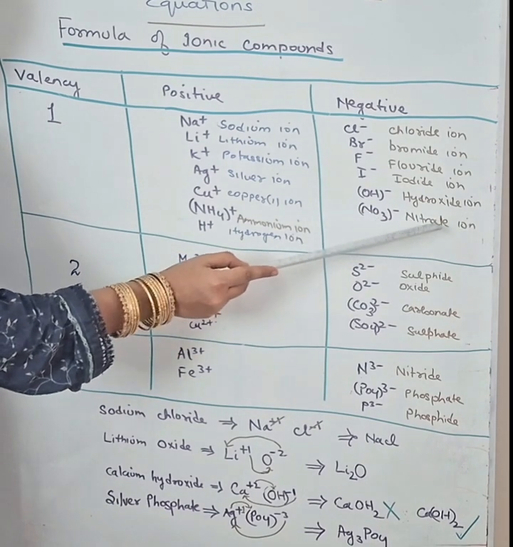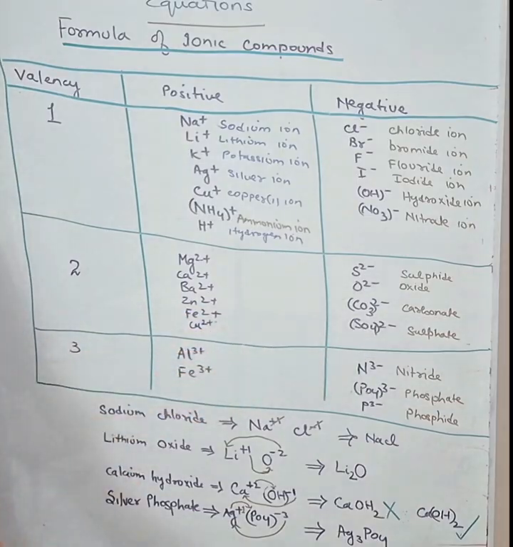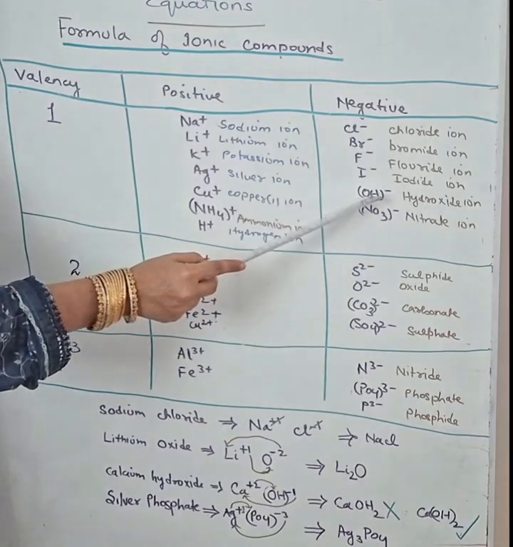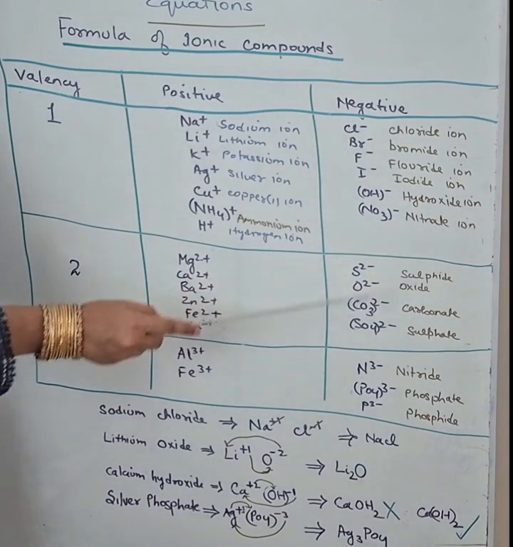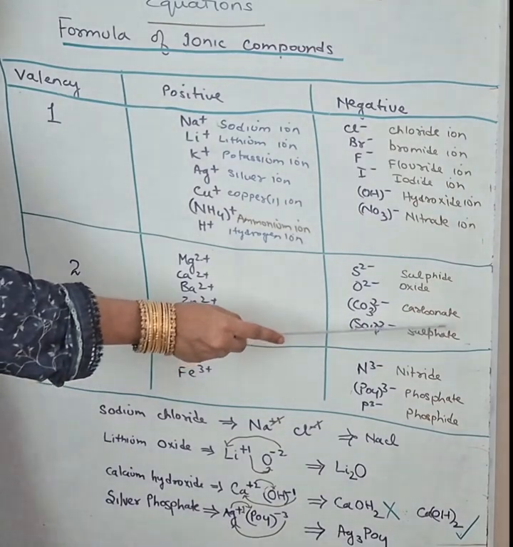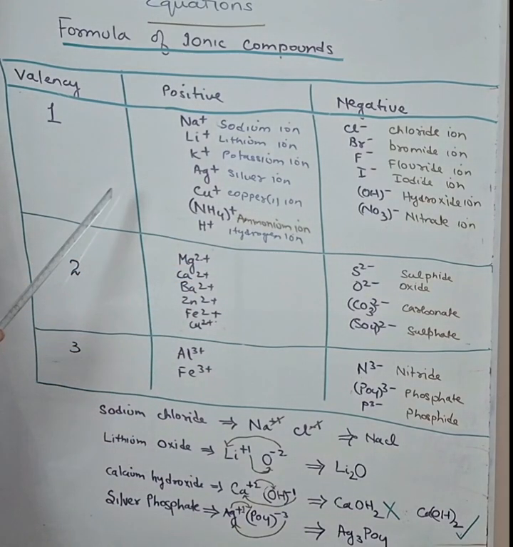That's why its name ends with ate. The hydroxide ion is the exception, where it is made up of O and H and it is called hydroxide ion. Otherwise, if an ion is made up of more than one type of atom, then its name ends with ate. Okay, so this is the thing which you should know about the table.